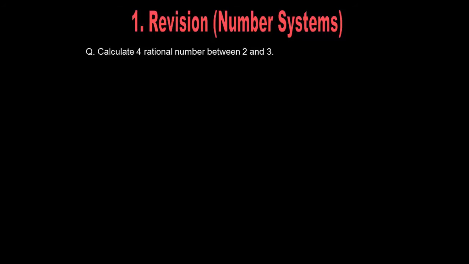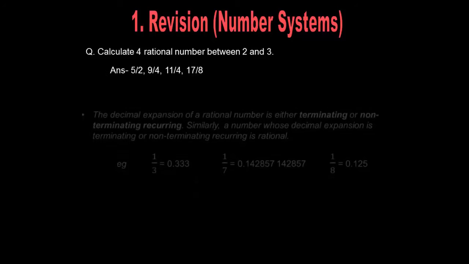Then we'll add 2 plus 5 by 2, and then we get 9 by 4. If we add 5 by 2 plus 3, we'll get 11 by 4. Now we also want the fourth number in between them. So what we'll do, we'll add 2 plus 9 by 4, which will give us 17 by 8.